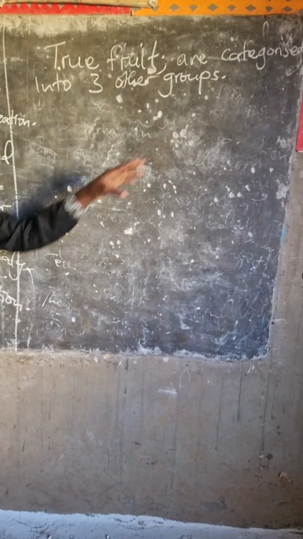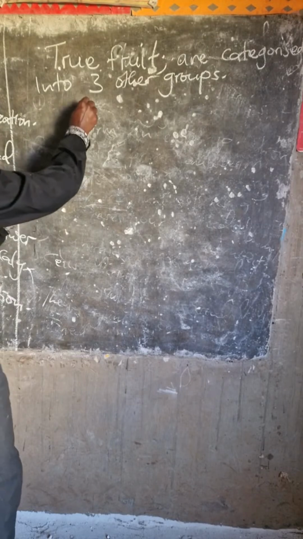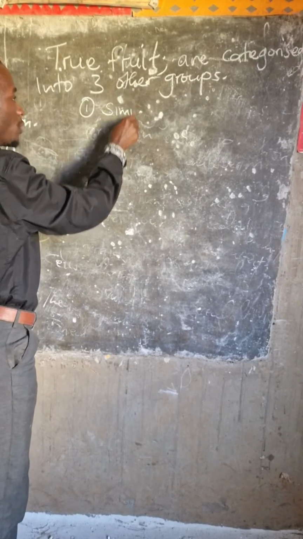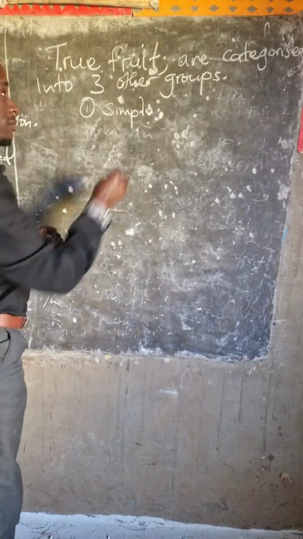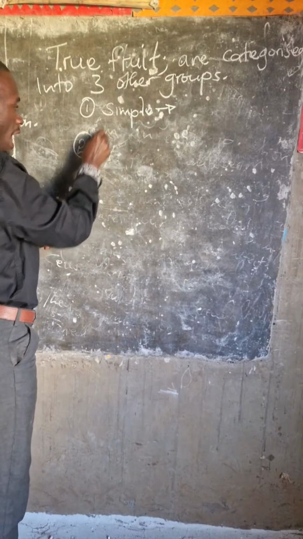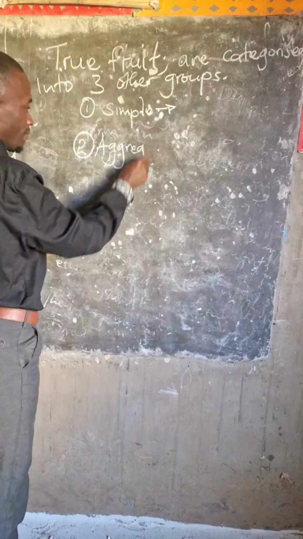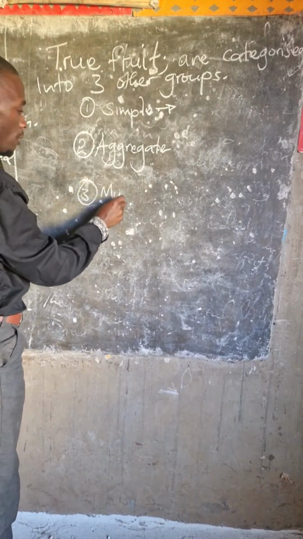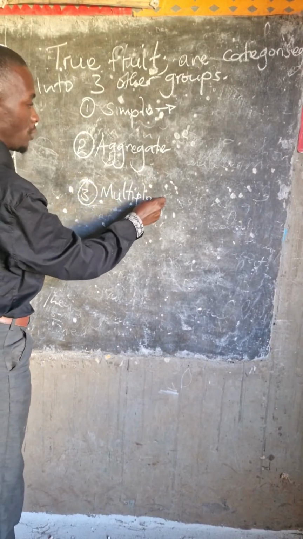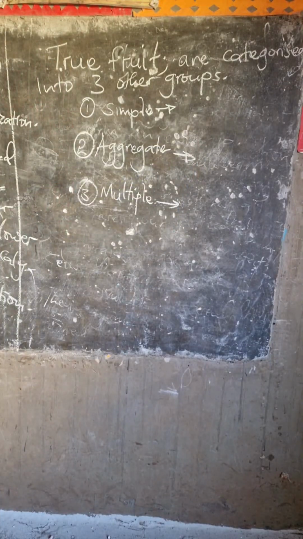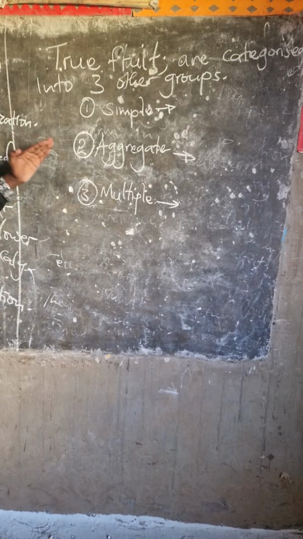Under these, we have the simple fruits, which we are going to look at and exhaust. We also have aggregate fruits, and we also have multiple fruits. So we have three categories of true fruits: simple fruits, aggregate fruits, and multiple fruits.